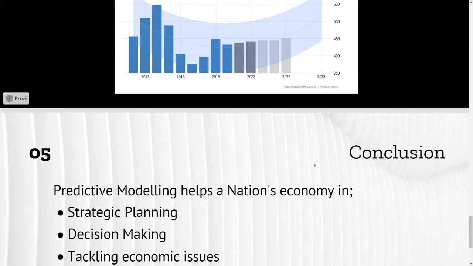So this is basically how predictive modeling works, looking at the national economy. And it works almost the same way based on your business objective or whatever problem you're trying to solve in other sectors of data science or other sectors of life generally. You can apply it everywhere. You saw examples of advertising, fraud detection, spam detection.